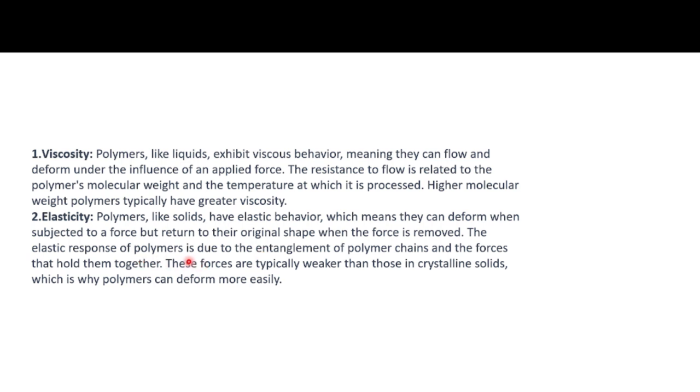The elastic response of the polymer is due to the entanglement of the polymer chains and the forces that hold them together. When we stretch the polymer, the chain entanglement is straightened, but when you release it, the entropy is reduced and the polymer comes back to its original shape.